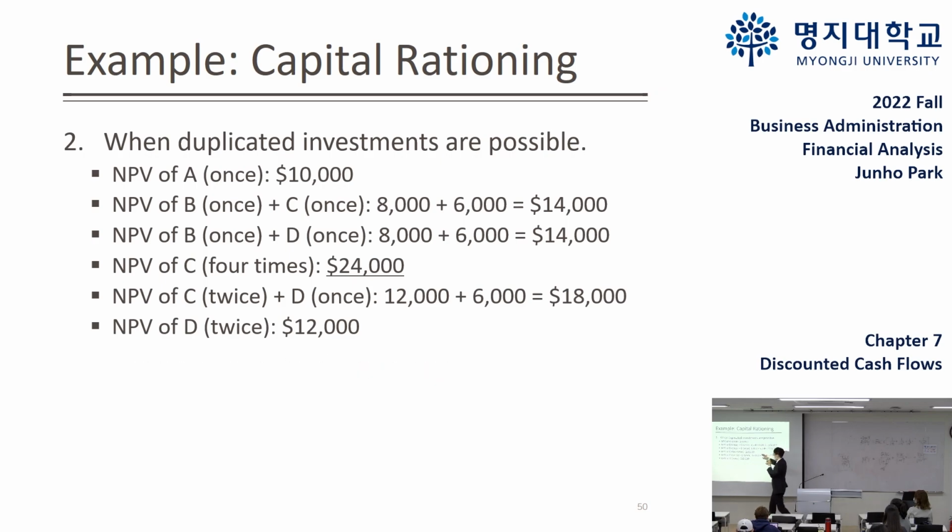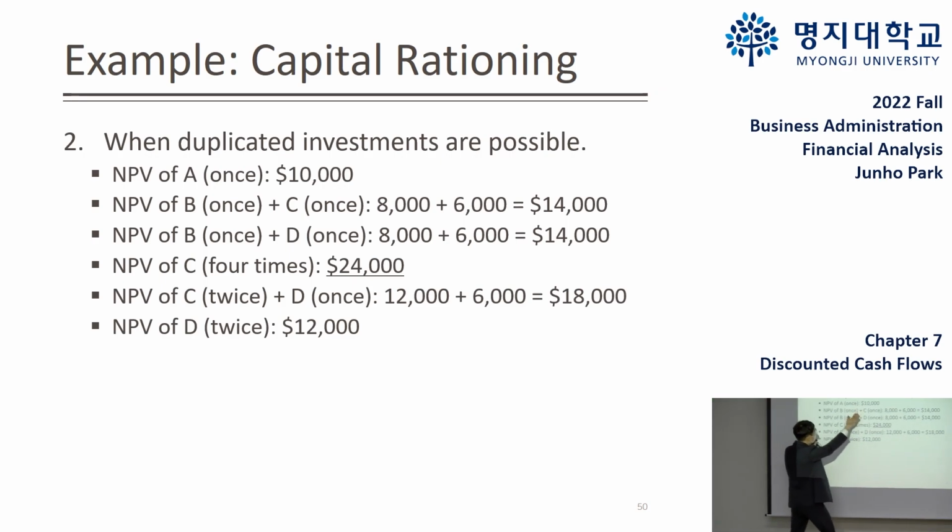So we have the NPV of A once, it was also possible in the previous situation. This was also possible, the combination of B and C. Combination of B and D was also possible. However, now we have 4 times of C and 2 times of C plus D, and we have 2 times of D.